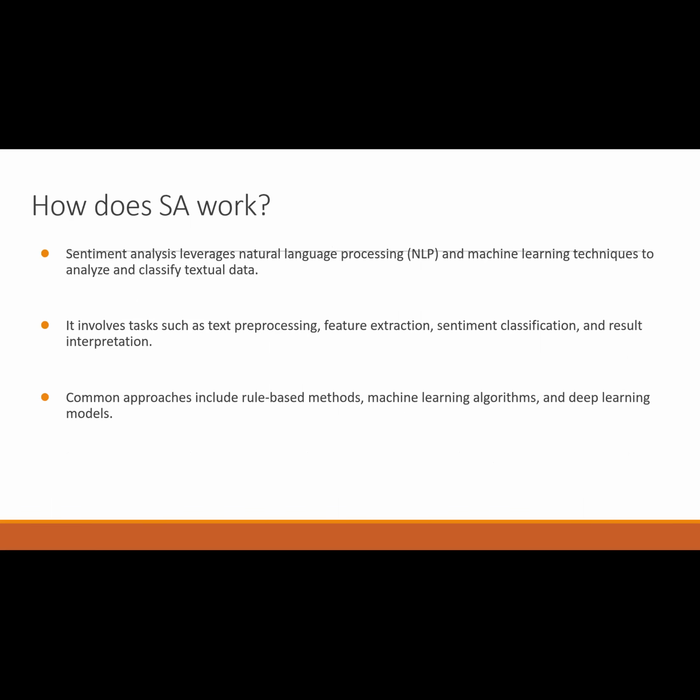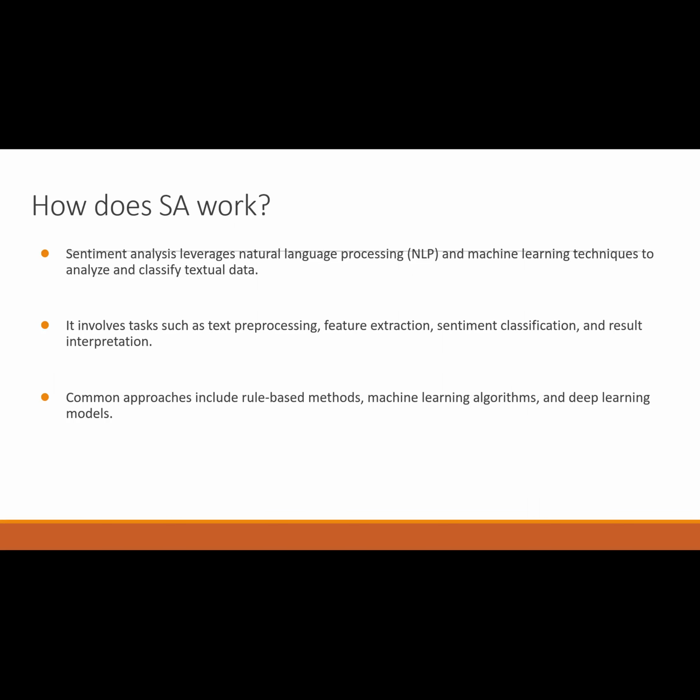Let us see how sentiment analysis works. The sentiment analysis part comes under the NLP domain, in which we use ML algorithms as well as deep learning algorithms, taking text data as input and processing it. We cannot analyze the data directly, so we perform some pre-processing steps.